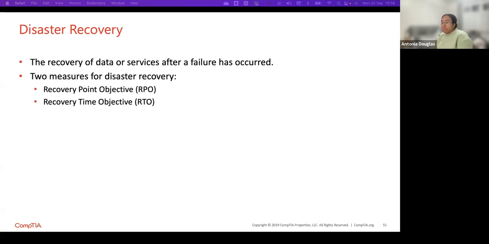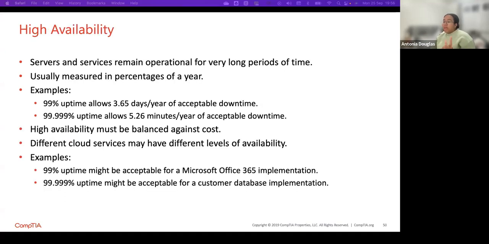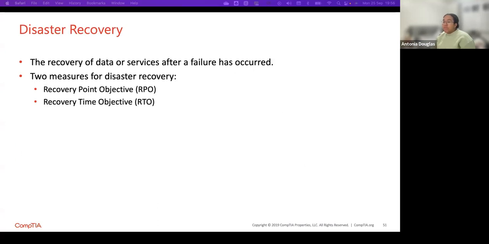Disaster recovery. So if your organization needs to be up 99.9% of the time, what is your recovery point objective and your maximum tolerable downtime? How long can your organization tolerate being down? So we're looking at 2 measurements here: recovery point objective and recovery time objective.